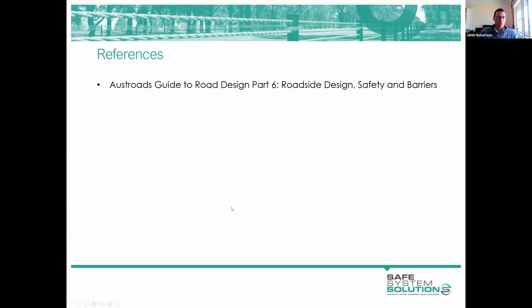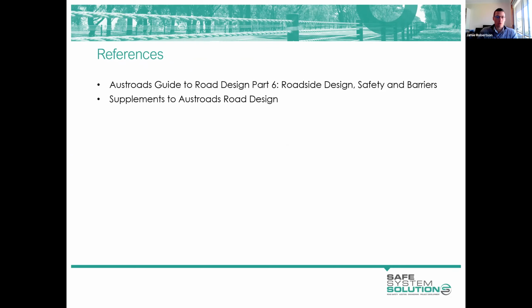There's lots of guidance available to us. We've talked about the new revision of Part 6 of the Austroads Guides, which is the primary reference guide in all jurisdictions. Each state has its own supplement to that guide. They do vary in terms of their detail and size, I suppose.